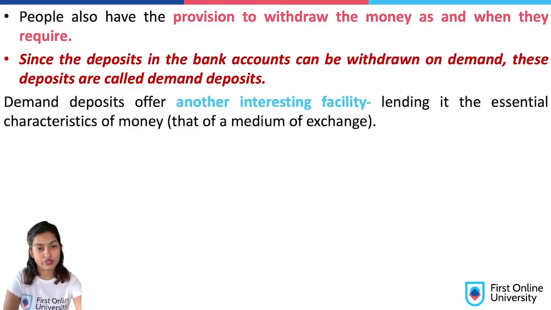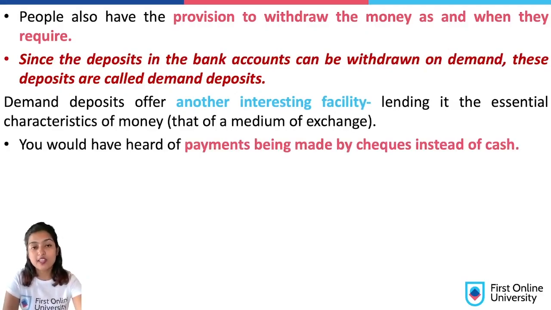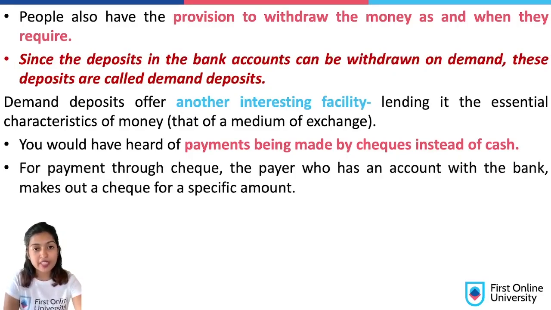Demand deposits offer another interesting facility. So what exactly is that? It lends them the essential characteristic of money, that is a medium of exchange. You would have heard of payments that are made by checks instead of cash. For payment through a check, the payer who has an account with the bank makes out a check for a specific amount.